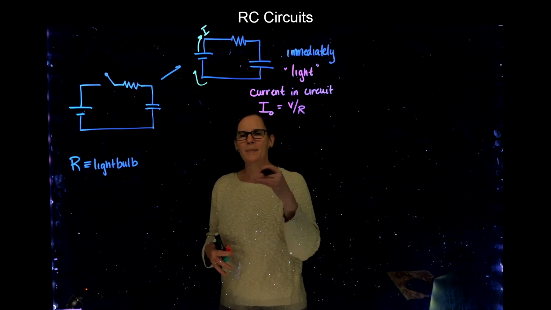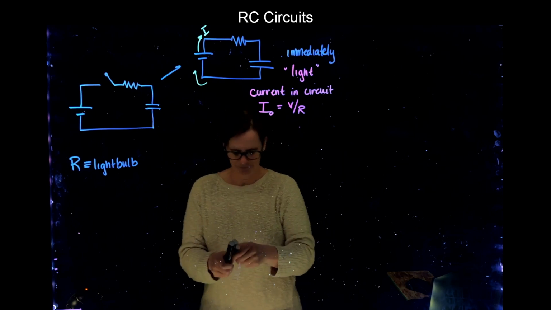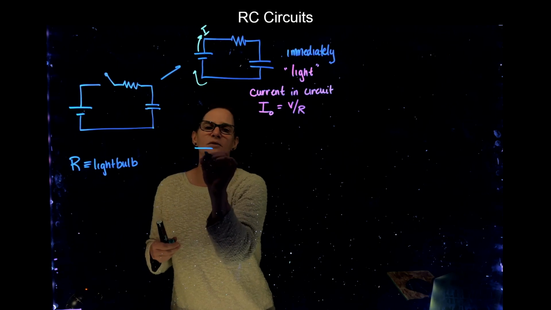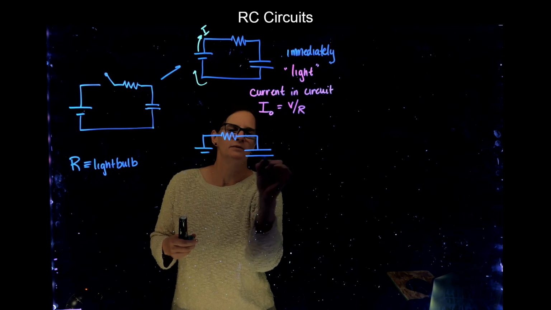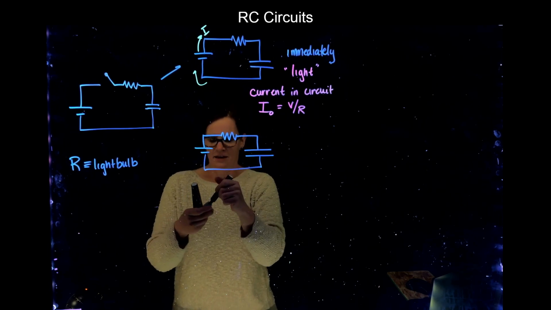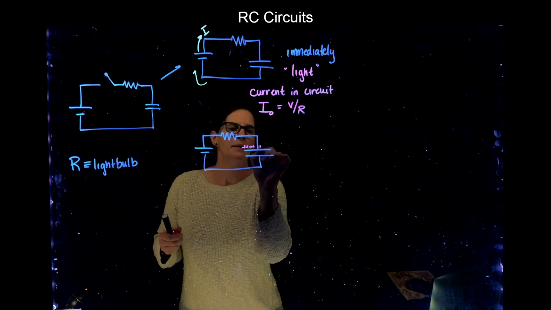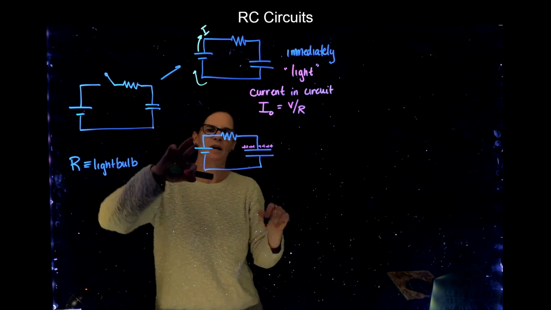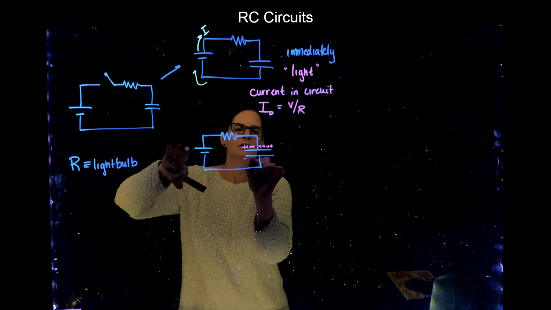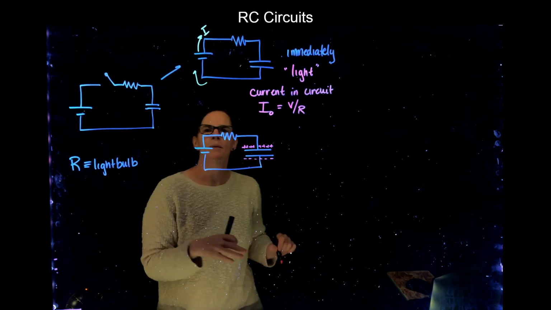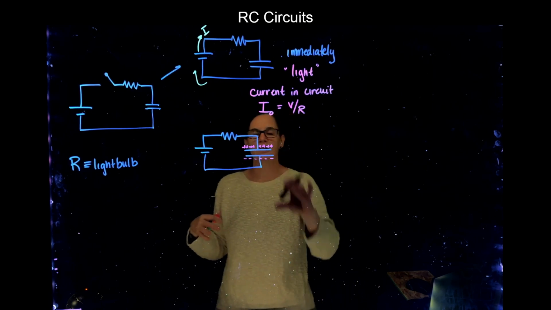When we think about our capacitor, we know that as current flows, as those charges are moving through the circuit, here's my capacitor again, that positive charge, or a high potential, is building up on the same side of the capacitor as the battery, and a low potential is building up on the opposite side. So we're getting a separation of charge here in the capacitor.